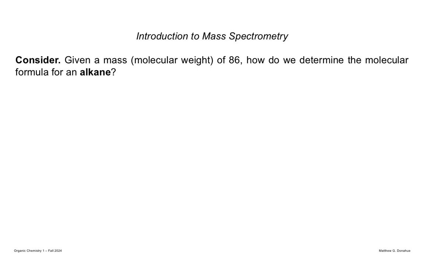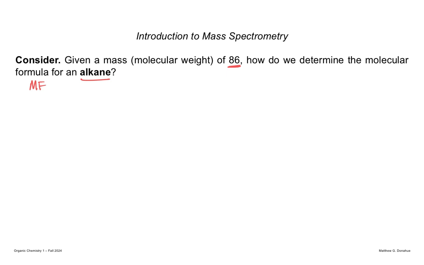We'll start off with this thought problem as an introduction to mass spectrometry. Given the mass, or molecular weight, of 86, so there's a clue. How do we determine the molecular formula? We want the molecular formula for an alkane.